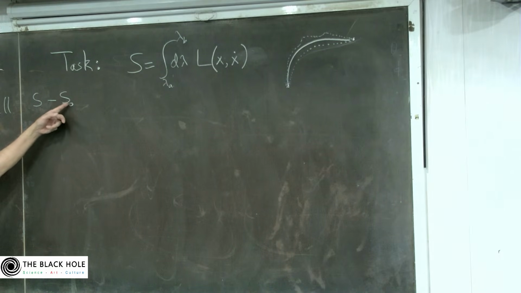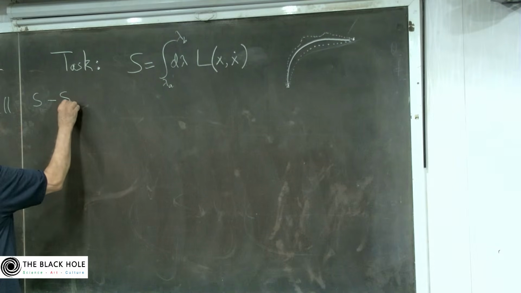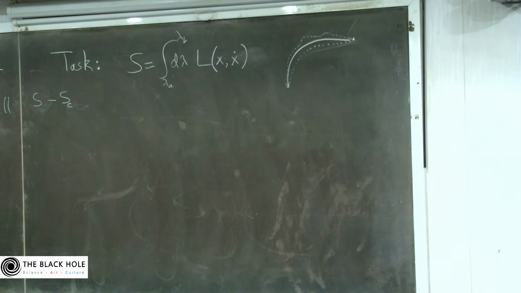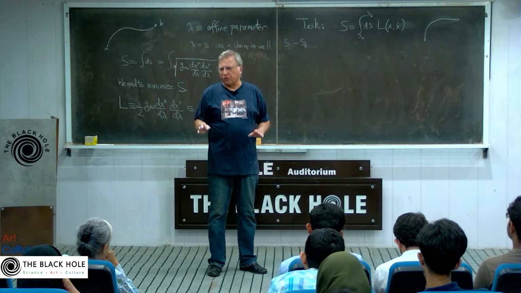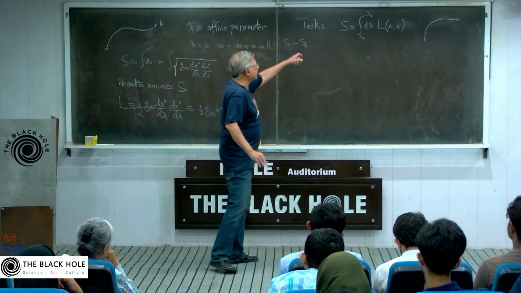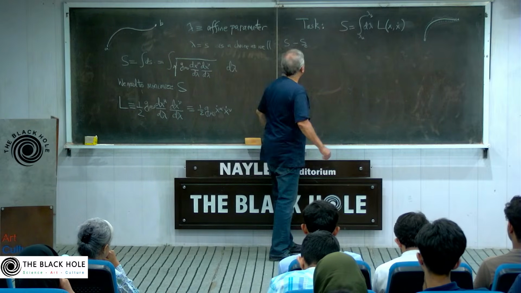S0 is the true path, or let me call it SC. SC is the actual value, the minimum value of S.